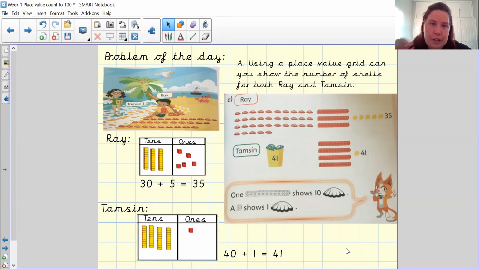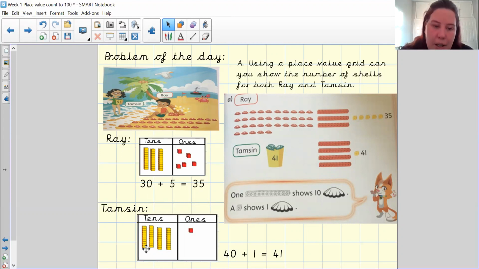So let's have a look at the problem. So if we have a look at Ray's, he's done his in rows of 10. So he was able to use tens and ones to represent it. So each row you can see he's put a row of 10 and then he had his extras at the end. So if I put that into a place value grid like I'd asked you to, you would be able to see that there was 3 tens, which is 30, and then the 5 ones, which makes it 35.